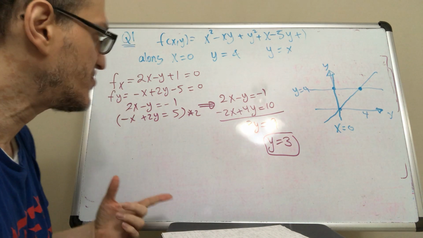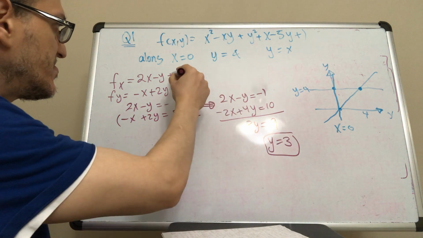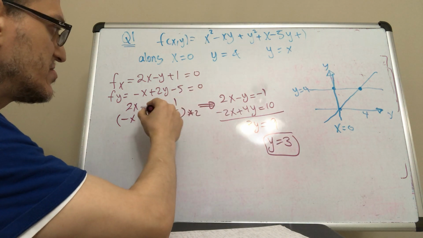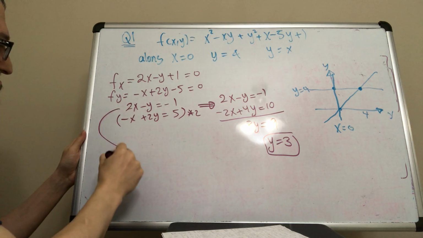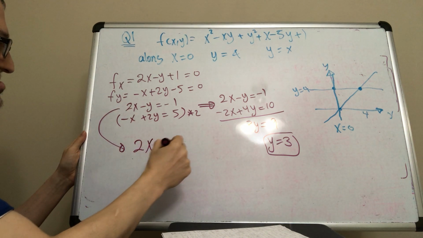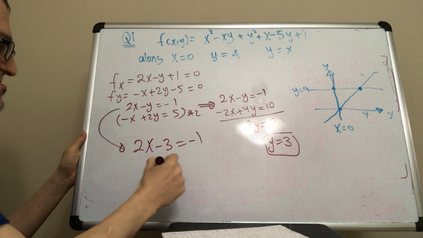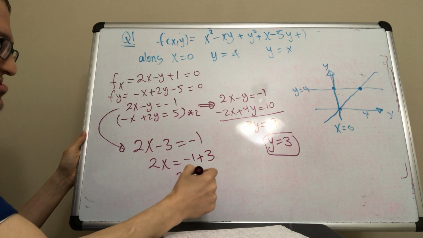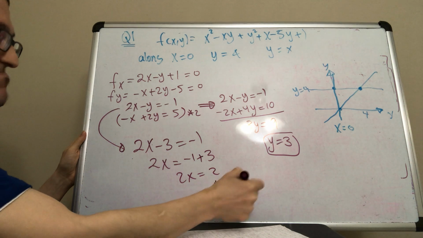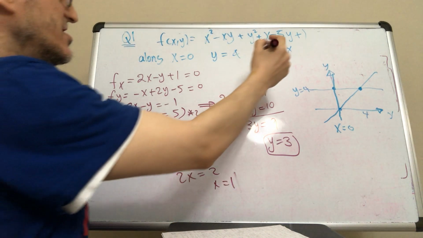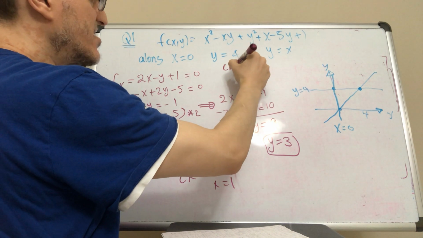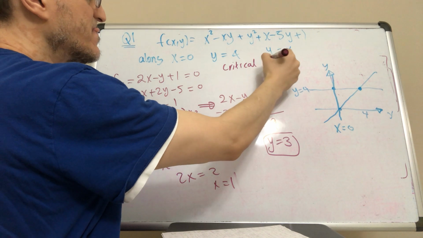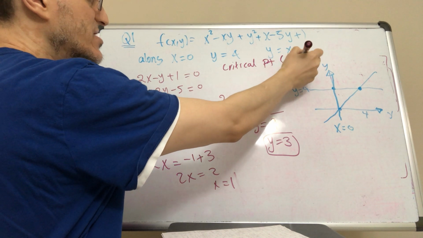So when y is 3, you plug it back into the first one or the second one. From here, 2x minus 3 equals negative 1. Bring it over, 2x equals 2, x is 1. So now I know that I have my critical point, and it's (1, 1).